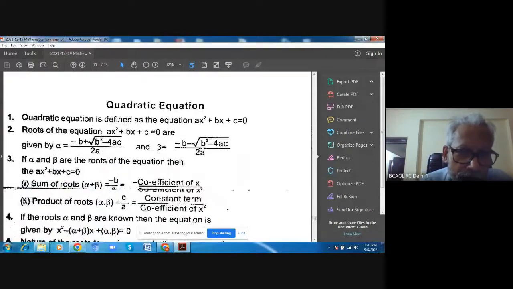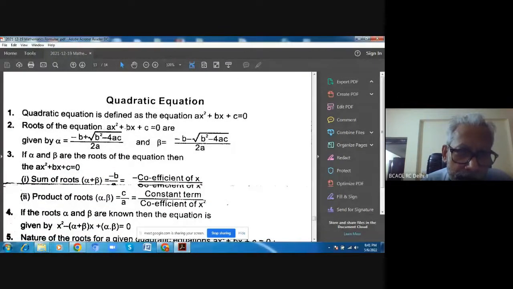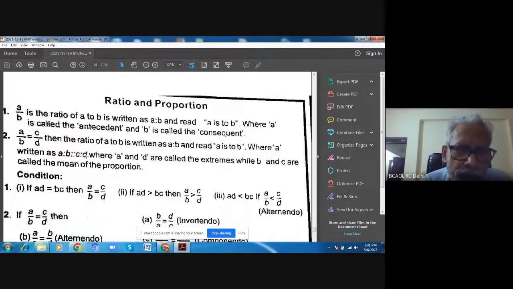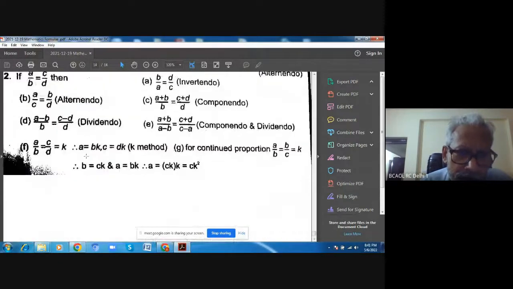Quadratic equations, yes, it is required in your complex numbers, and here some of the chapters are required. Then your ratio and proportions, not very much required.